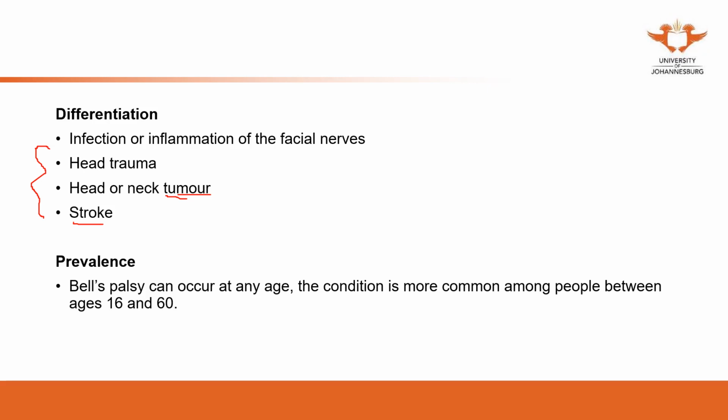With the central type of facial disorder, the forehead and the wrinkles are not affected. Mostly it will present in the lower quarter of the face, which means only below the eyes, on one side. For facial paralysis, the patient will present with problems in the forehead and the eyes.